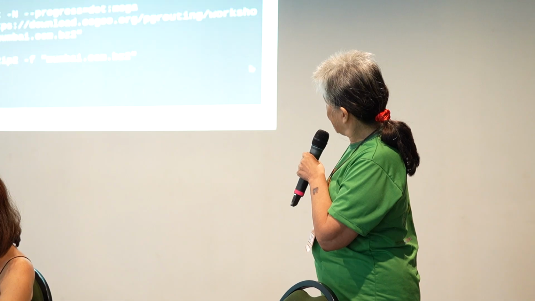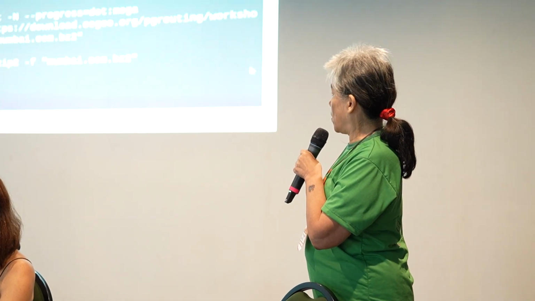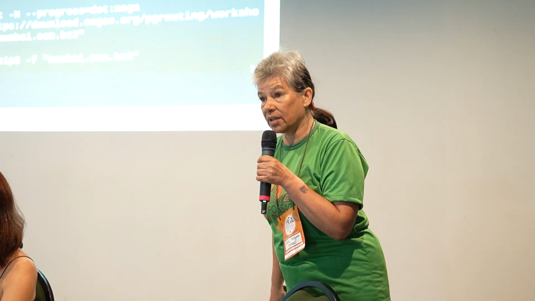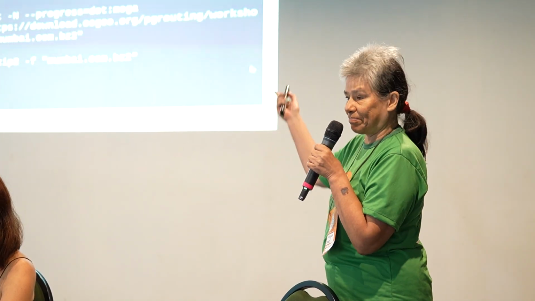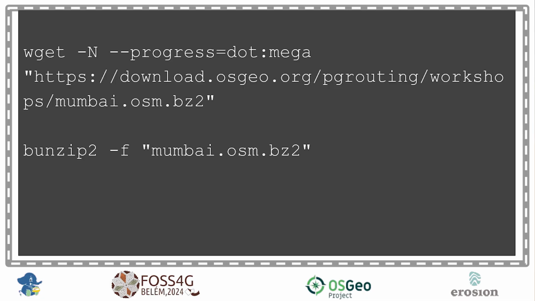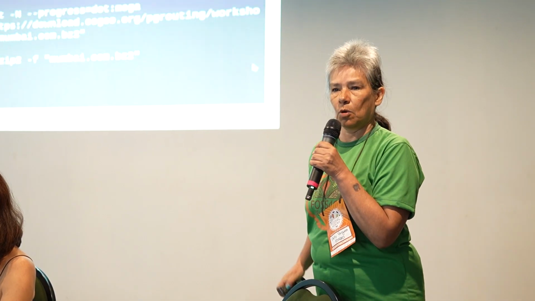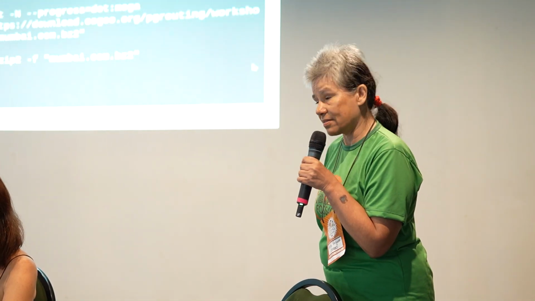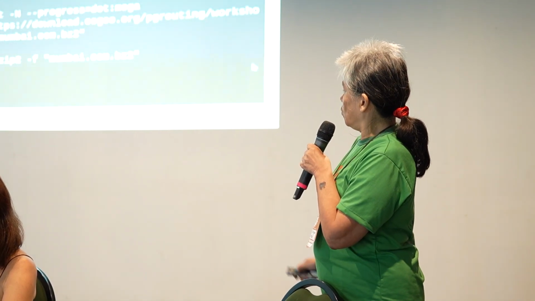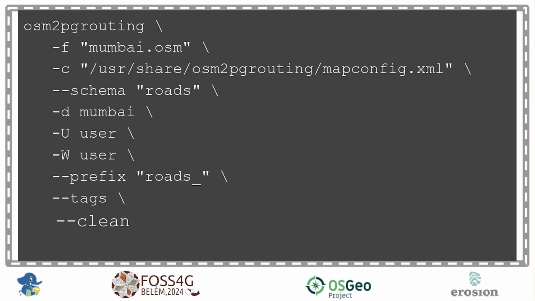First we're going to download from the OSGeo download page the Mumbai.osm.bz2. It's a snapshot of Mumbai in a very small area because it's just a small exercise. And we're going to unzip that information.